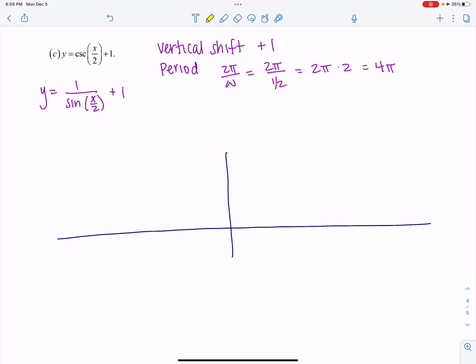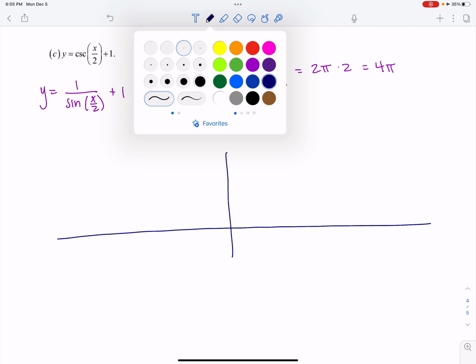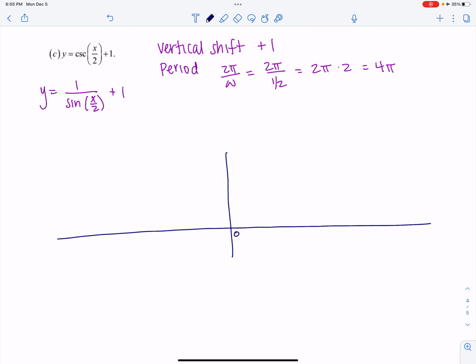So sine will start, let's label these 0, and we'll go 2 pi, 4 pi, and a -2 pi, and a -4 pi. And like I said, we're going to go up to 2 because it's all shifted up by 1.